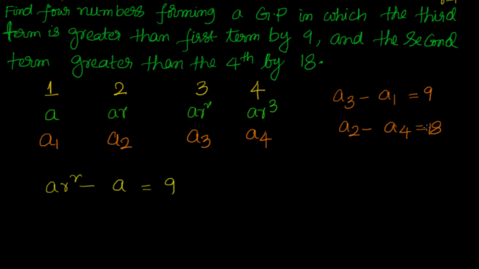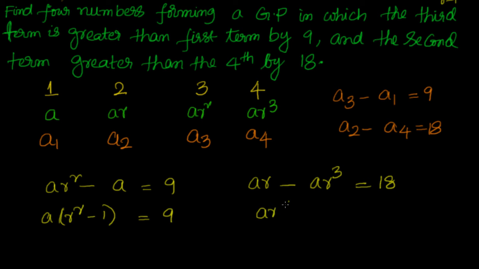Similarly, A2 minus A4 is 18: A2 is AR minus A4 is AR cube equal to 18. So I can take A common here. I will have A into R square minus 1 equal to 9. If I take AR common here, I will have AR into 1 minus R square equal to 18.